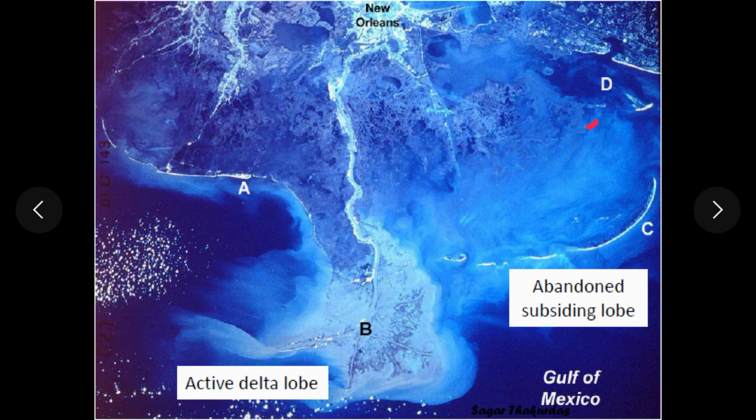These abandoned delta lobes of the Mississippi Delta are undergoing destruction due to the waves and tides, and you won't be able to recognize these delta lobes here. But the one which is active right now through these delta distributary channels here, the Atchafalaya delta lobe, is undergoing construction.